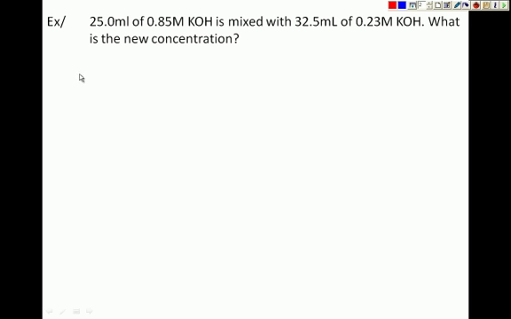So again, first thing I'm going to do is change everything into moles. So I'm going to take 0.85 moles per liter of KOH, and I'm going to multiply this by the amount of liters of this KOH right here, which happens to be 0.0250 liters.